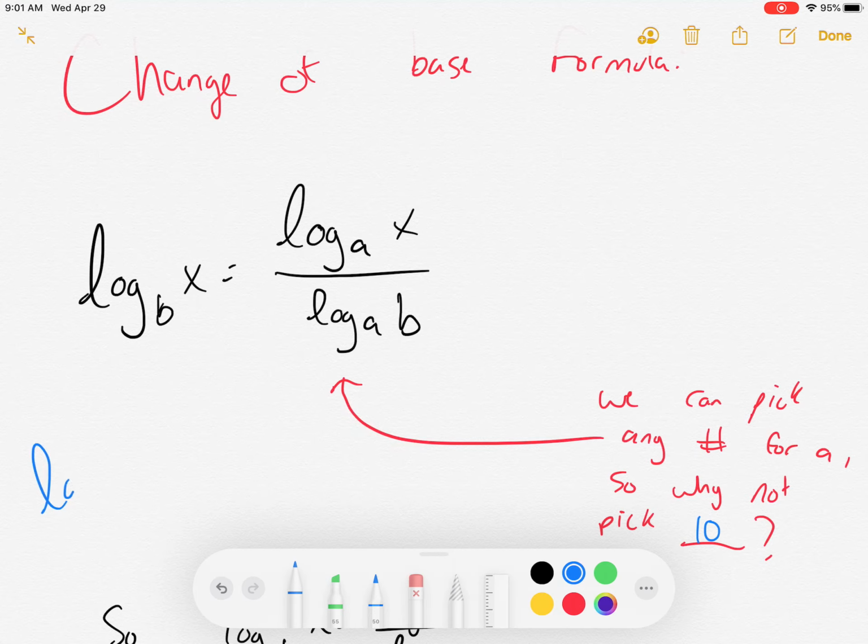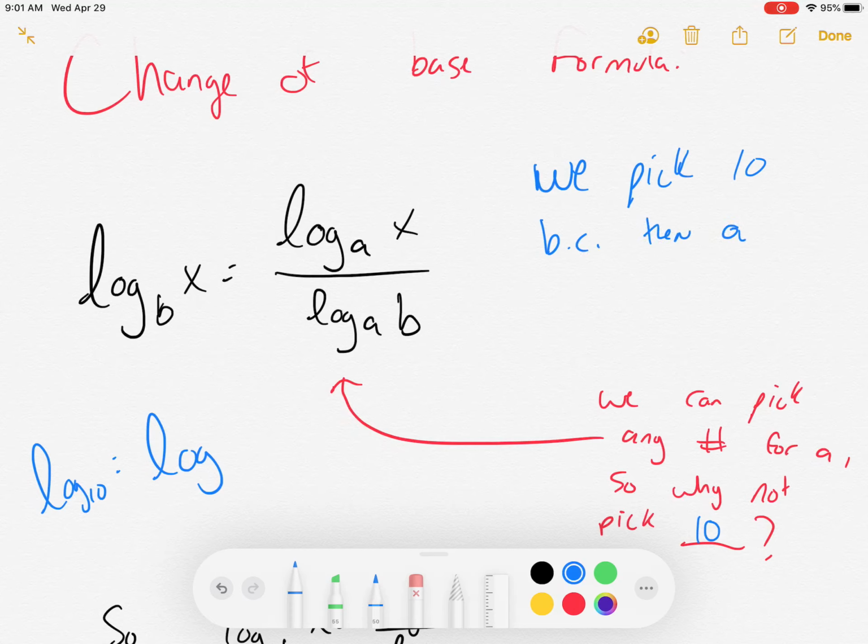And why would we pick base 10? Remember, log base 10 on our calculator is just log. So if we pick a base of 10, our calculator does the work for us.